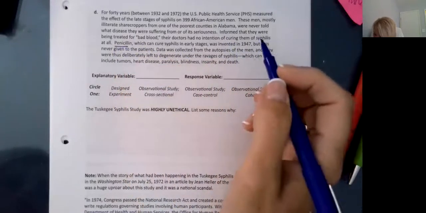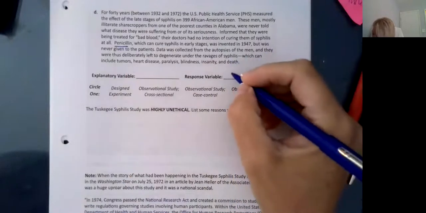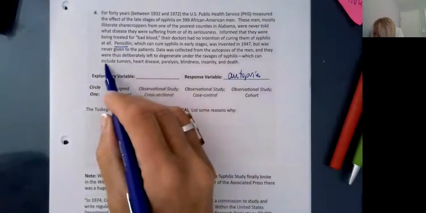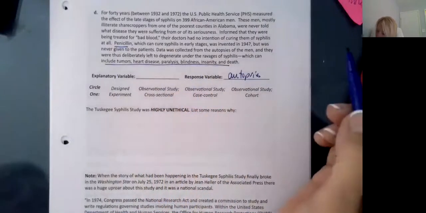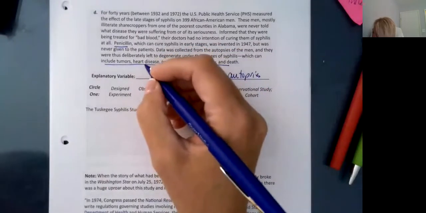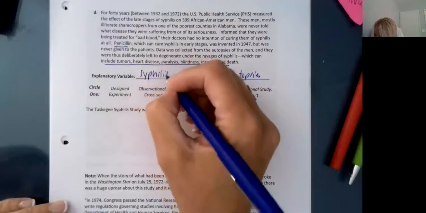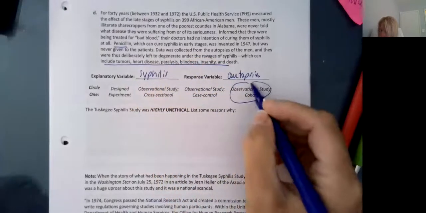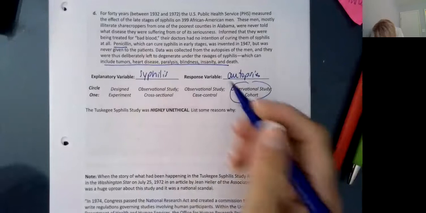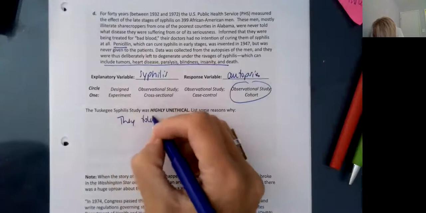But they actually didn't give them penicillin. And then they were looking at their autopsies to see what kind of other symptoms they had that came out of the syphilis. So the explanatory variable is really the syphilis. This was a cohort because it was definitely over a very long period of time. It's highly unethical, especially because they told them they were being treated.